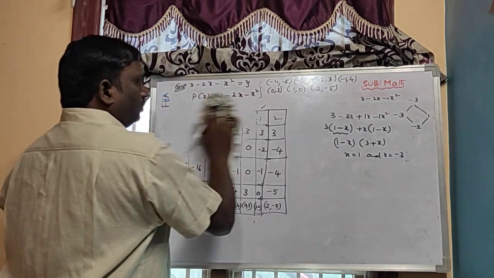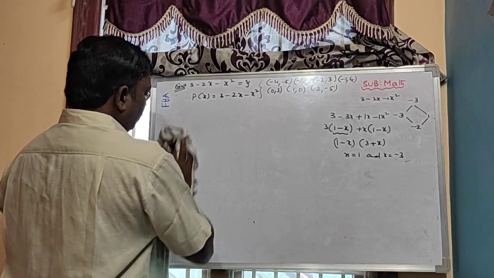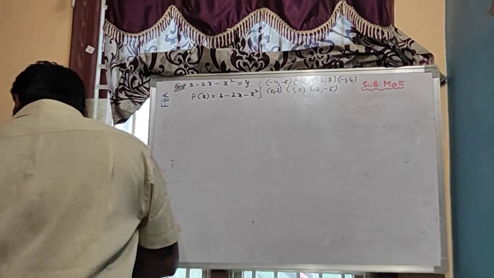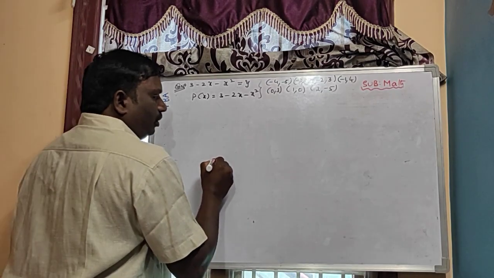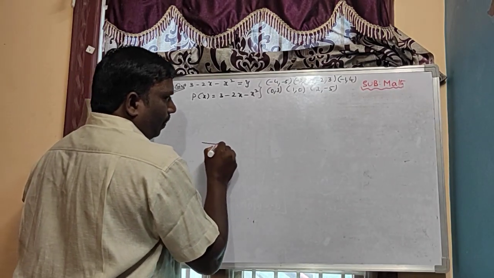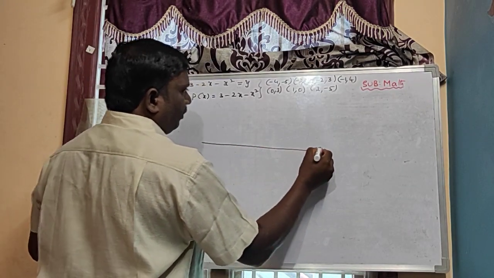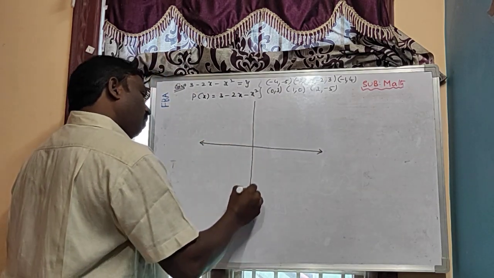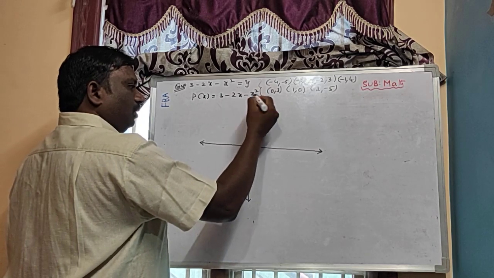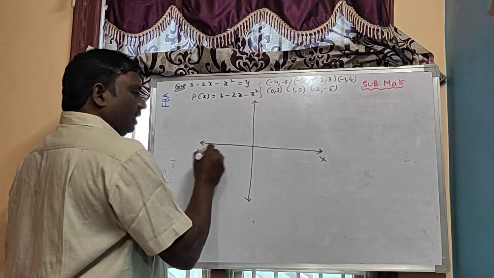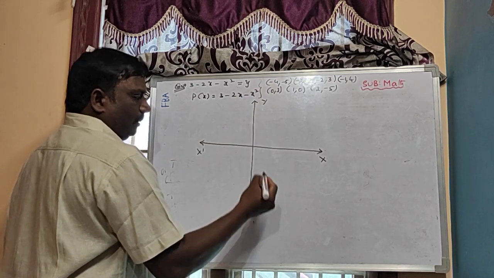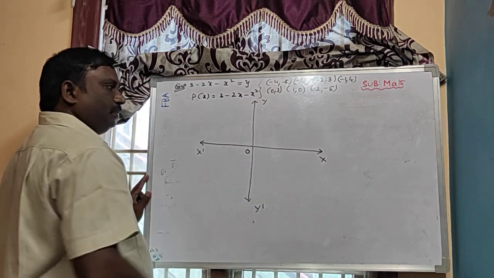So now to draw a graph, we need to take some precautions. When you are drawing the graph, first you have to take the x-axis and y-axis: X, X dash, capital letters only, and Y, Y dash, origin.